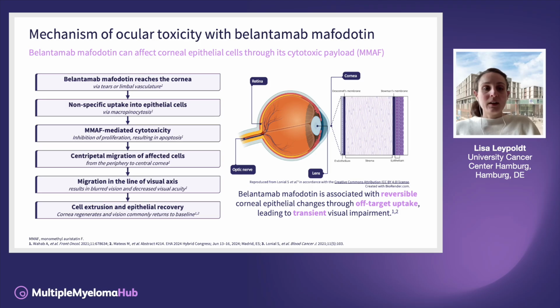The good thing is that this damage is reversible. So belantamab is associated with these corneal epithelial changes through this off-target uptake, but it's reversible, and therefore the visual impairment is only transient.